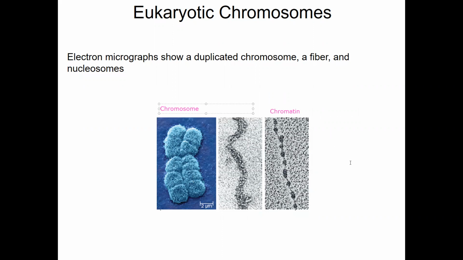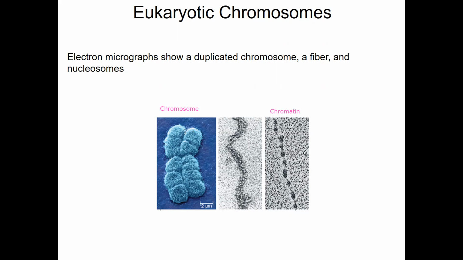The chromatin here is DNA wrapped around nucleosomes, and they typically refer to that as a string of pearls, but it's DNA wrapped around histones. This is where it starts supercoiling just a little bit more. It's coils and coils, and it keeps doing that.